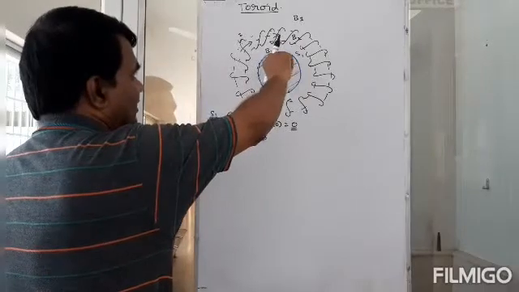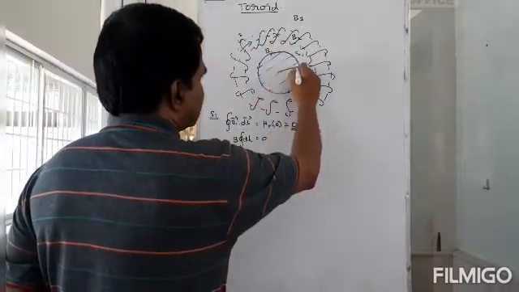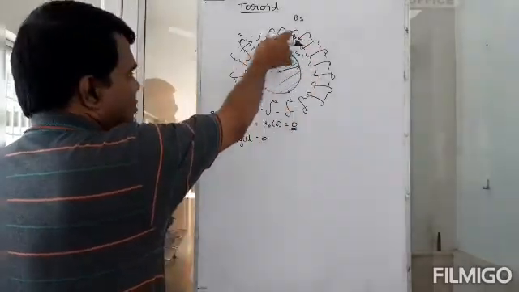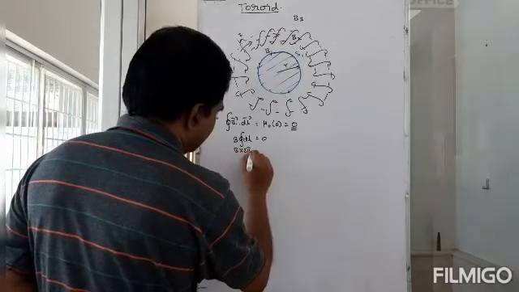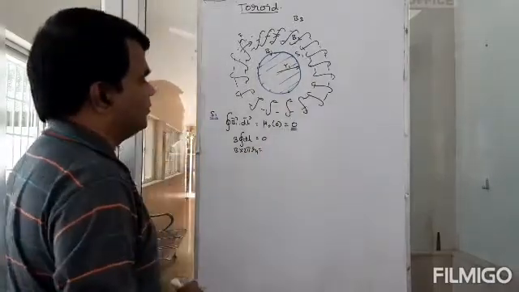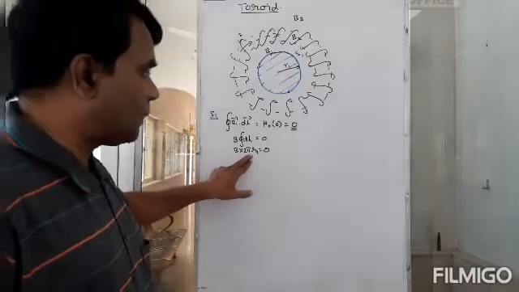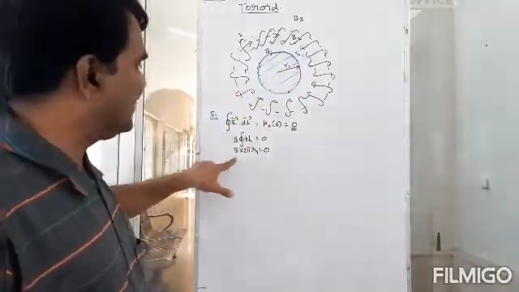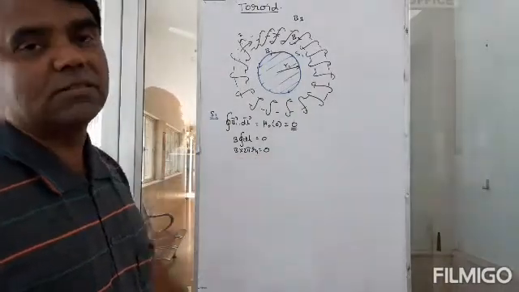If this is a radius, all these dl give me 2 pi r. So B into 2 pi r1 must be equal to 0. You see, 2 is not 0, pi is not 0, r1 is also not 0, so only B has to be 0 to meet this condition.